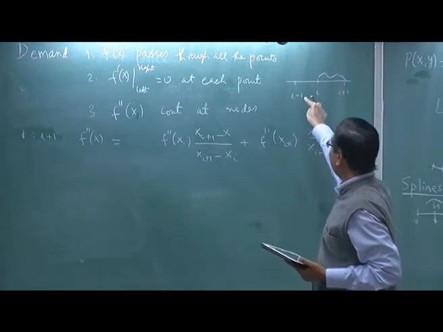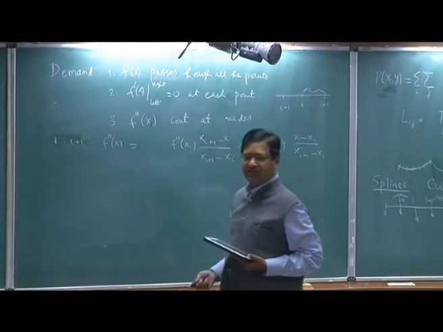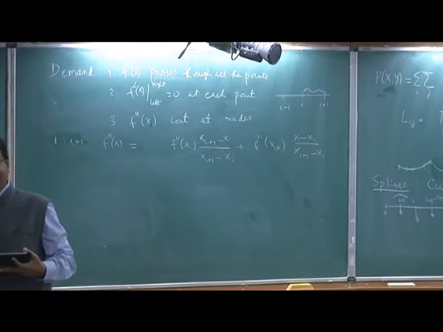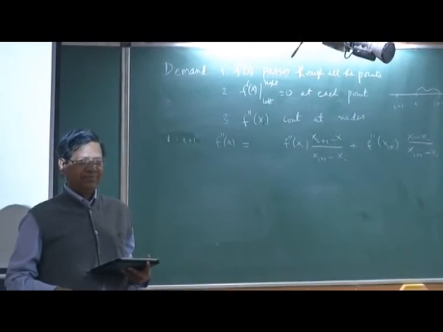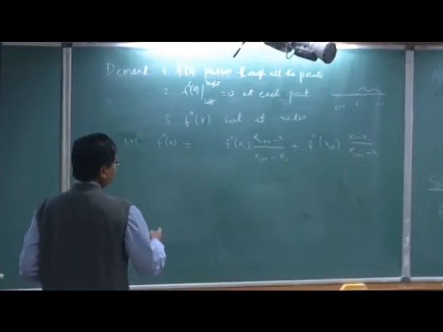Similarly, you can write it for this interval as well. So for every interval, it's linear. Now, if you have this function, then I can get f of x. So integrate this twice.